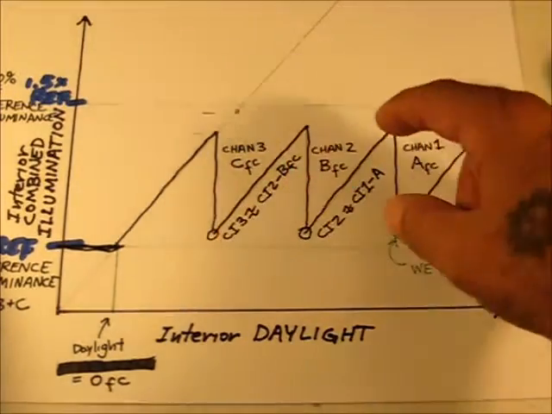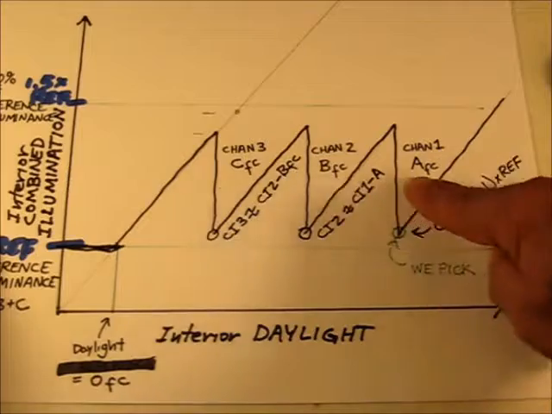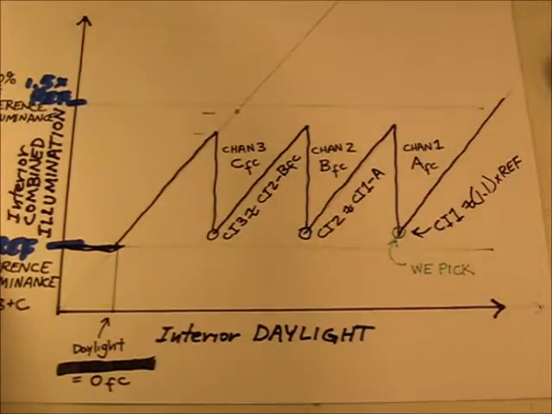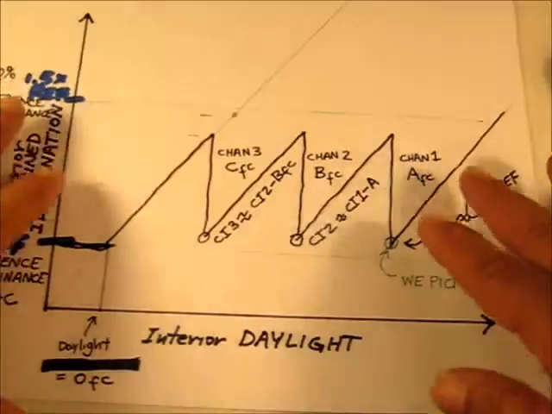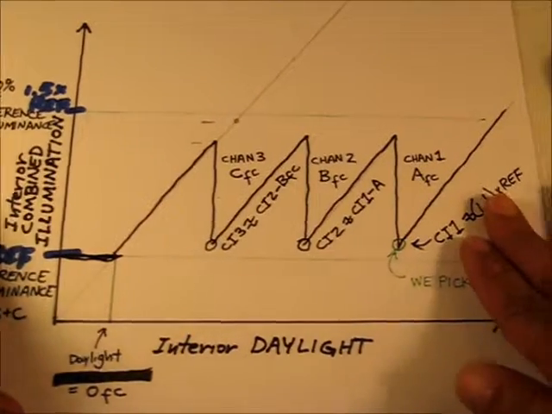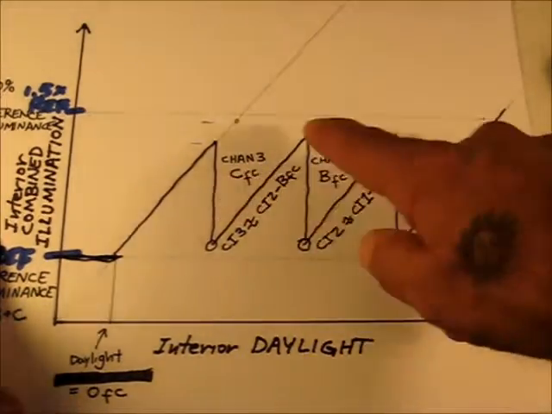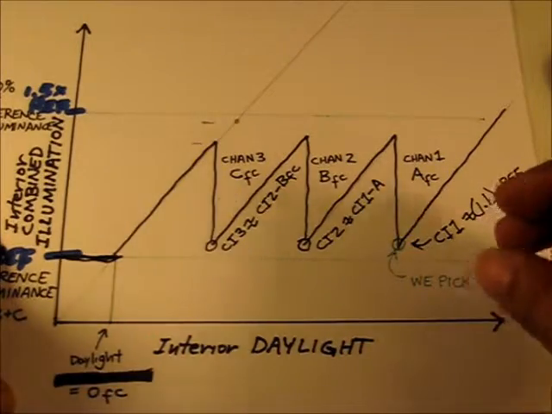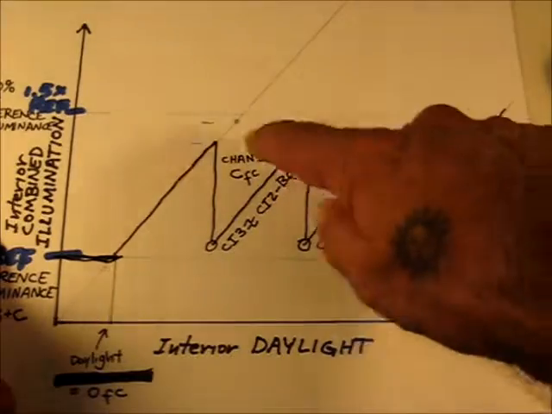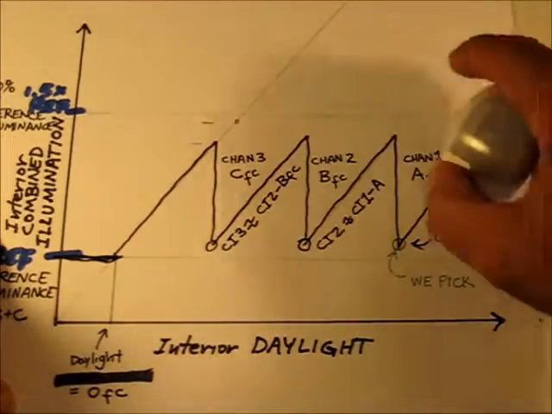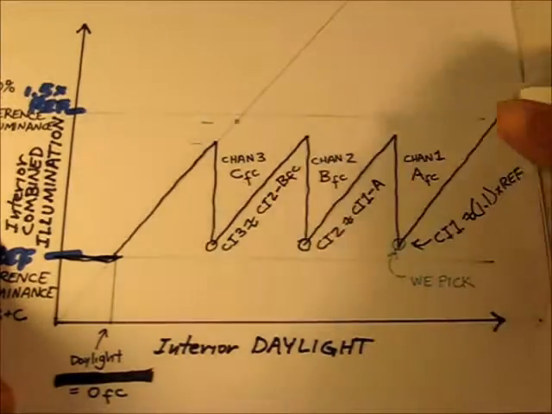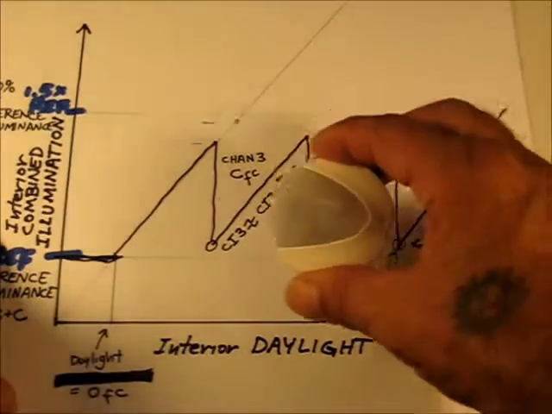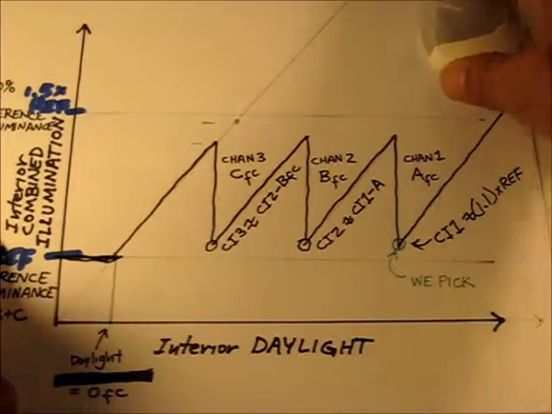You must have these measurements. You must know how much electric lighting is showing up at your reference location when a stage of lighting switches on. You also need to have some kind of a clue as to how much of this controlled lighting switching on shows up on the system sensor, because that is going to establish your minimum deadband in foot candles.